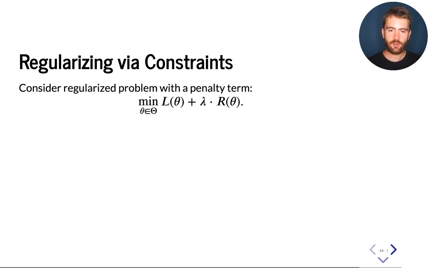The idea of this other form of regularization is to regularize via constraints as opposed to a penalty term. The approach that we have seen is the approach that uses a penalty term. So we're adding this extra term here to our normal objective function.